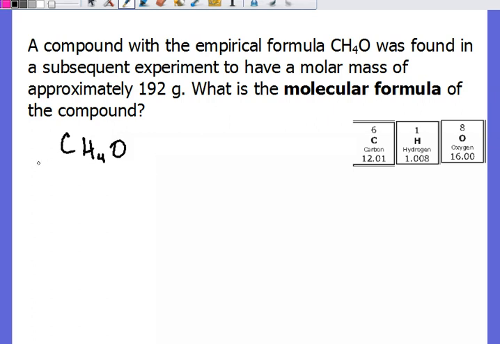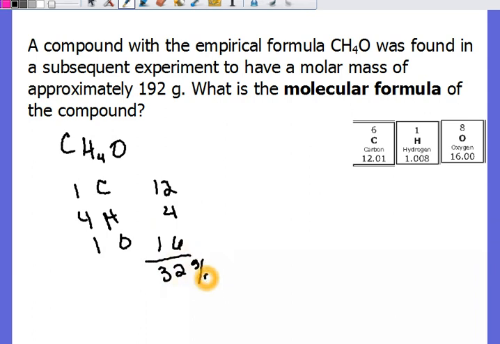So I have one carbon, 4 hydrogens, and 1 oxygen in my empirical formula. Carbon's 12. You have 4 H's, so that's about 4. Oxygen is 16. You add that up and you get 32. So your empirical formula molar mass is about 32 grams per mole.